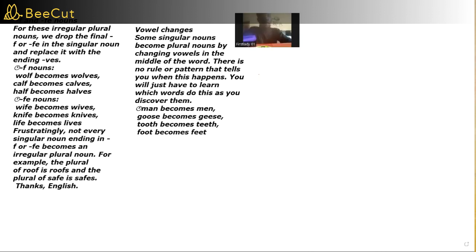Please put down what's on the screen as we move on. We're going to look at the ones formed from Latin and Greek words, and how to change them to plural.